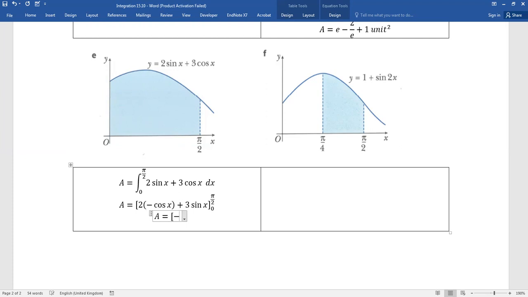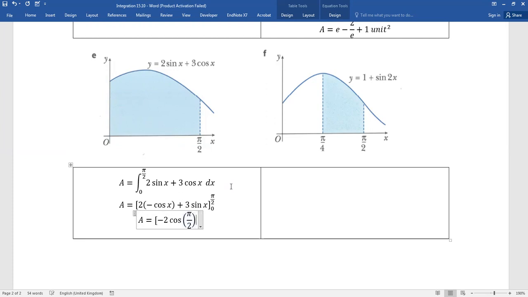Once you plug in the upper limit, -2 cos of pi over 2 plus 3 sine pi over 2. Then -2 cos 0 plus 3 sine 0.